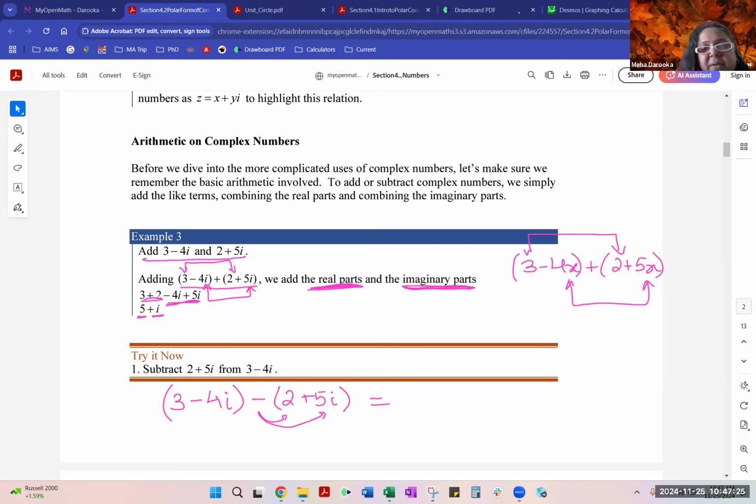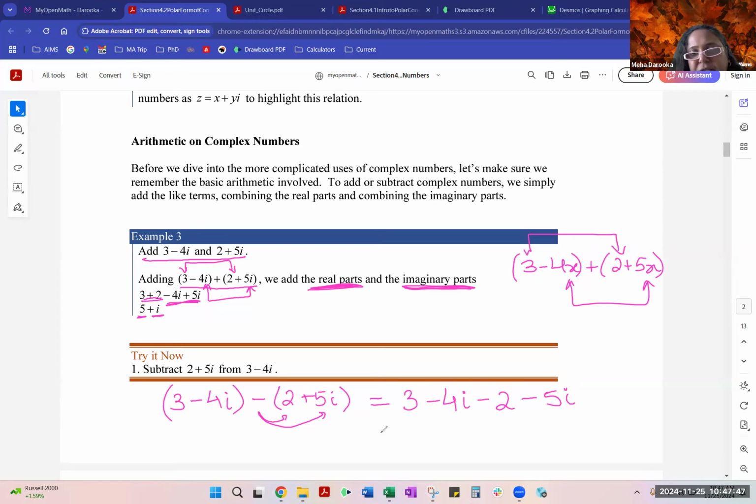Your first one will stay the same. Andrew, I see your corrected answer. So 3 minus 4i will stay the same. The negative will make the 2 into a negative number, so it becomes negative 2. And the negative will also make 5i into a negative number, so that becomes minus 5i.